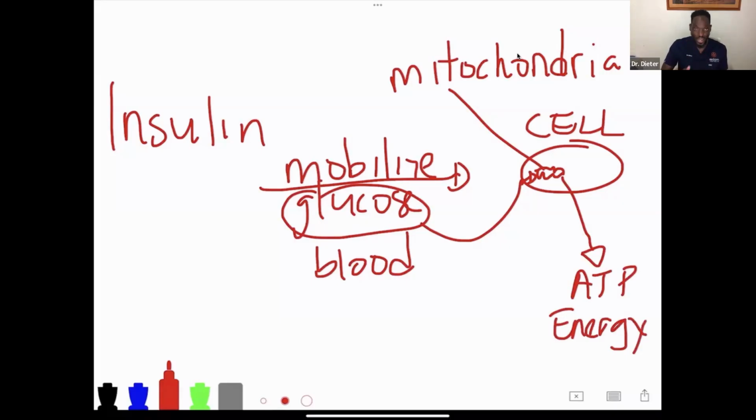Every cell in the body requires energy to function. Things don't happen in a vacuum. There are seven energy dependent functions of the cell that make the body work. And if those seven energy dependent functions do not have the energy they need to drive them, the cell malfunctions. So, why is insulin the most important hormone, like the CEO of the body?